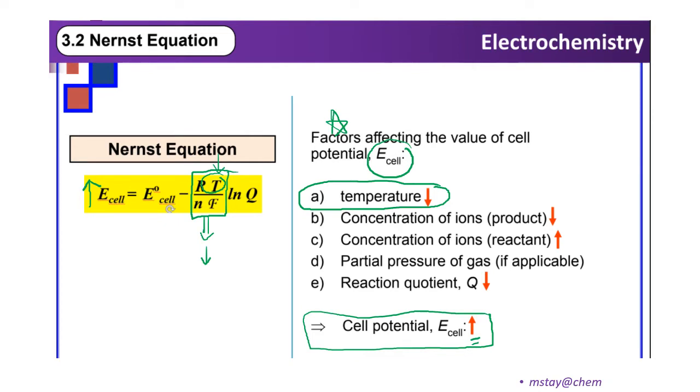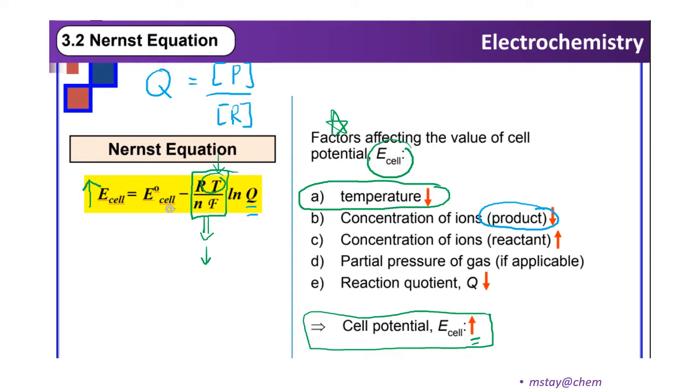Next one is the concentration of product. We know that the concentration of product appears in the reaction quotient, and the reaction quotient is the concentration of product over the concentration of reactants.